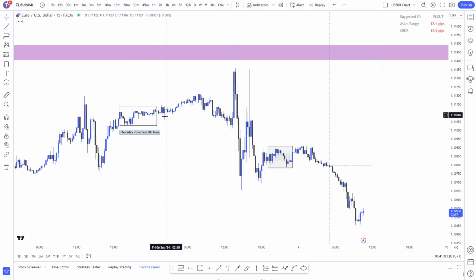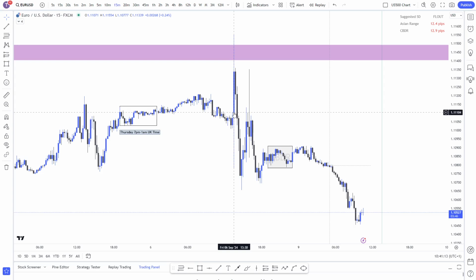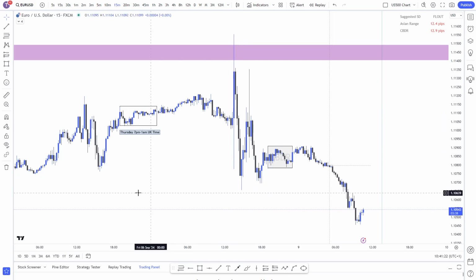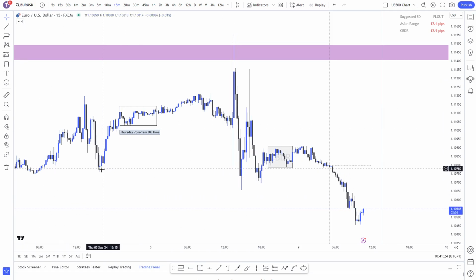So we can see that we had a bunch of consolidation all the way up until 1:30 UK time, which is 8:30 New York time. You can see there a clear move up here to this pink box, and then a clear move down under all of this liquidity that you see right here.